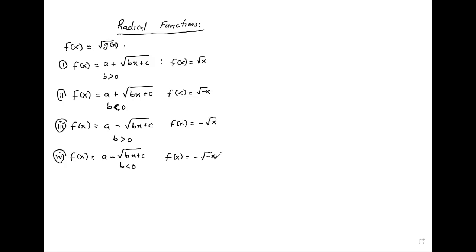If they ask us to find the domain of this function on top here, we say x must be greater or equal to 0. If they want the domain of this function, we say negative x should be greater or equal to 0. But after we divide by the negative, it becomes x less or equal to 0. Here the domain is x greater or equal to 0. So that here the domain is negative x greater or equal to 0, which turns out to be x less or equal to 0. So these are the domains of these functions.